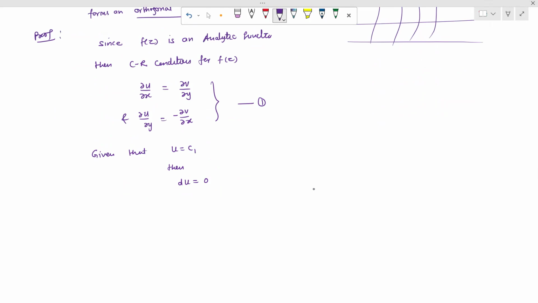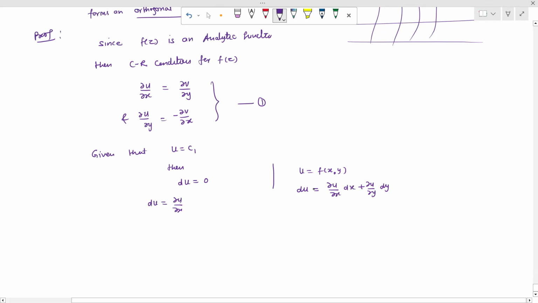When u is a function of x, y, अब आपने total differentiation पढ़ा होगा, we obtain the total derivative du = del u upon del x into dx plus del u upon del y into dy.